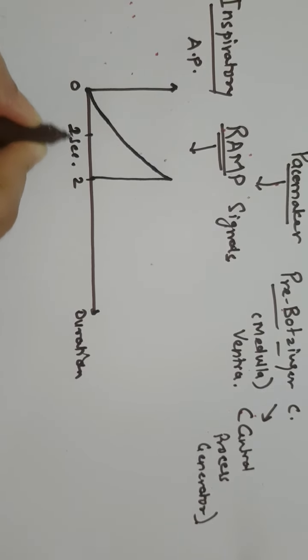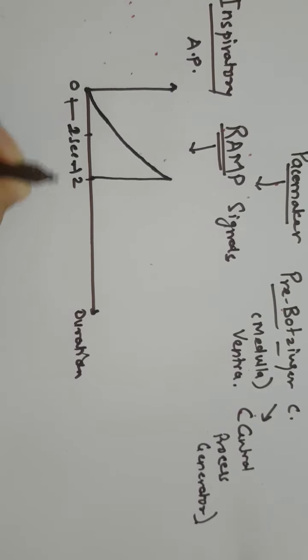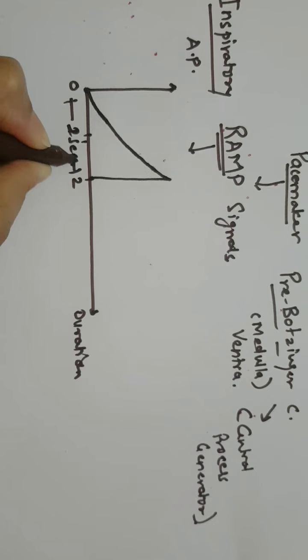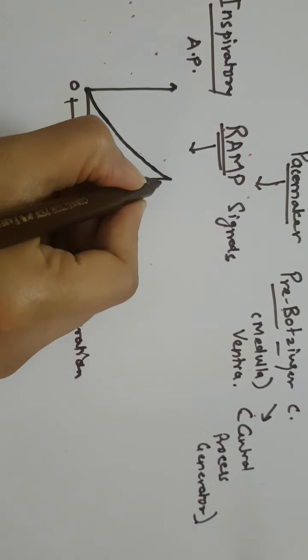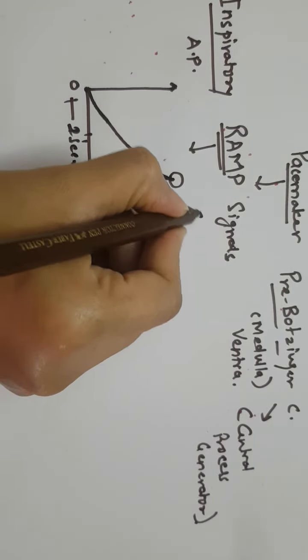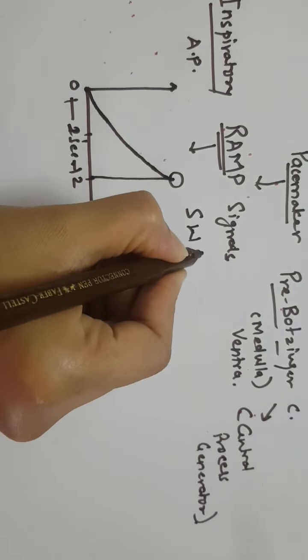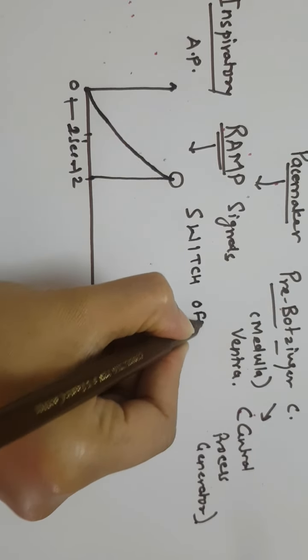So if this is 0, this is 1, this is 2, the duration of this inspiratory action potential is 2 seconds, and it will stop at this point. This is called the switch off point.